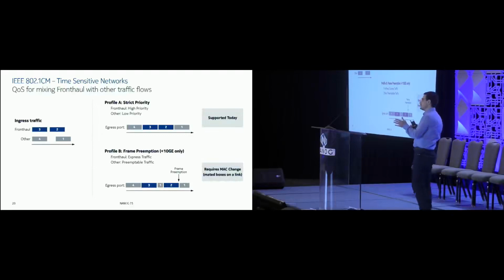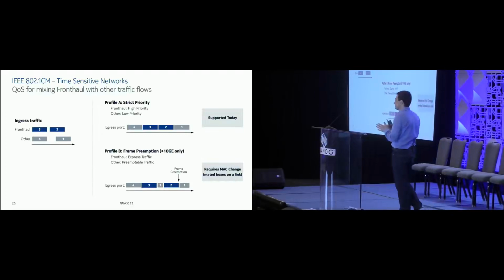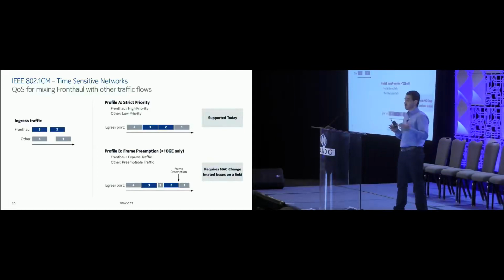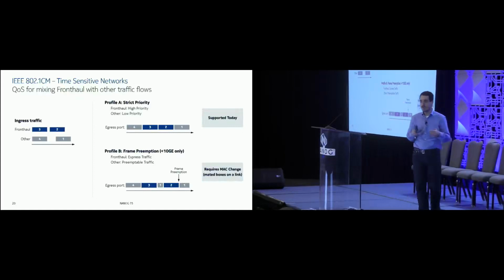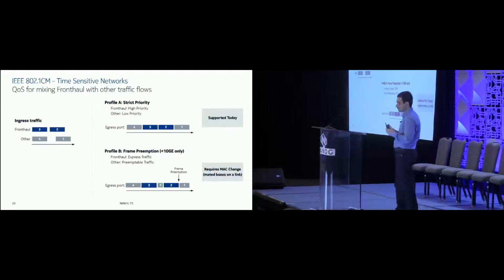Now, 802.1CM looks at two profiles to do that, or two typical ways that we could do that. The first profile, called profile A, uses just strict priority, which any decent router or switch can do today. So we've been doing that forever. Which means that anytime you get a higher priority traffic, you transmit first, and lower priority traffic waits.